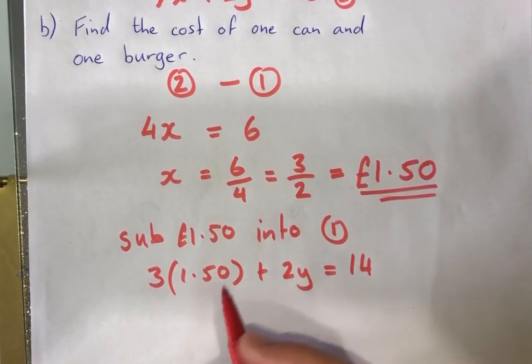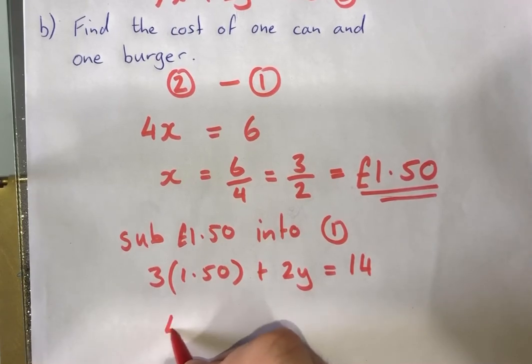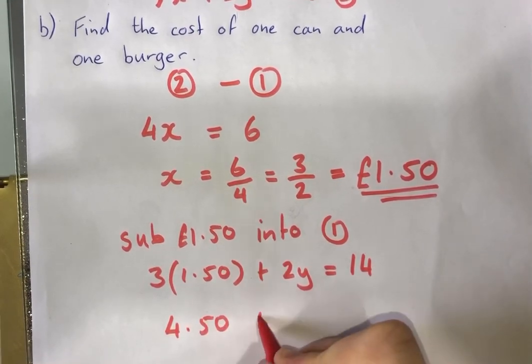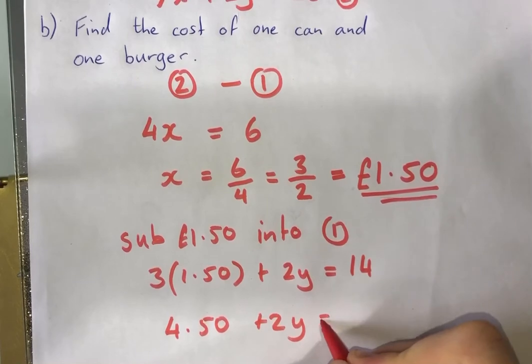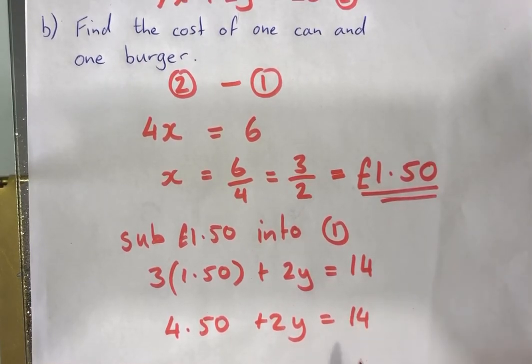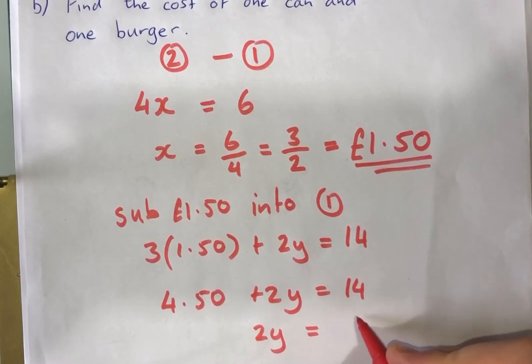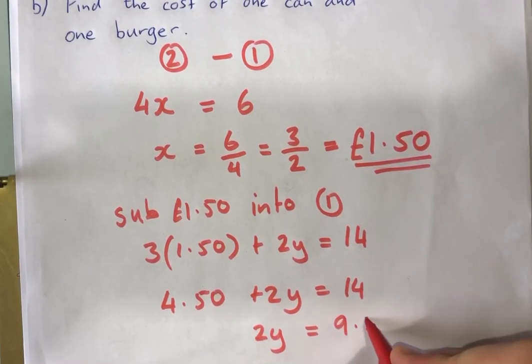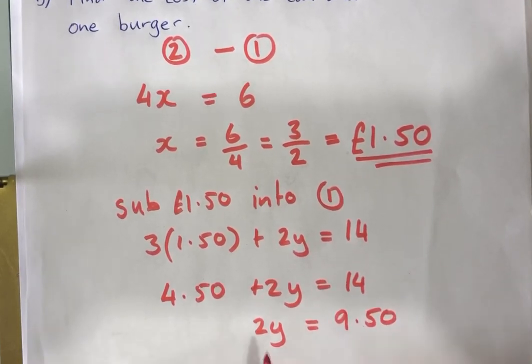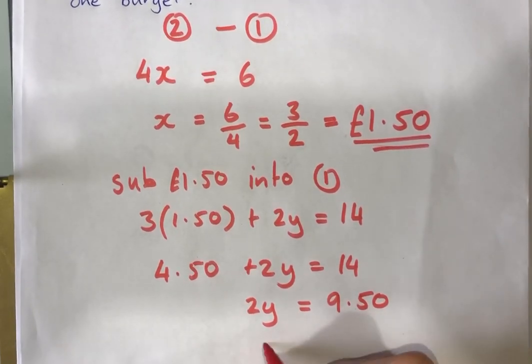Okay, so this is going to give me £4.50 plus 2y is equal to 14. 2y is equal to £9.50.